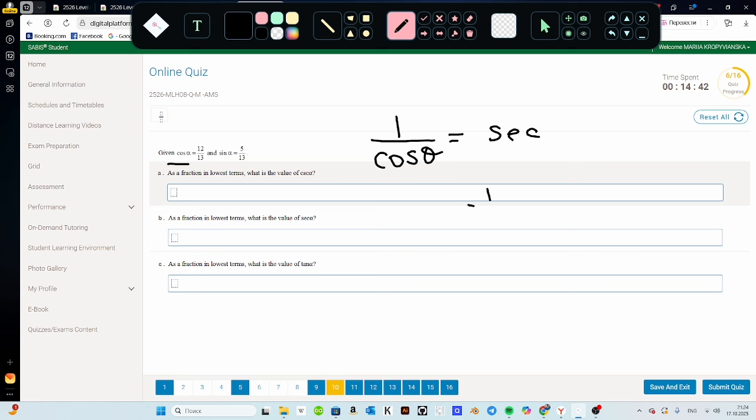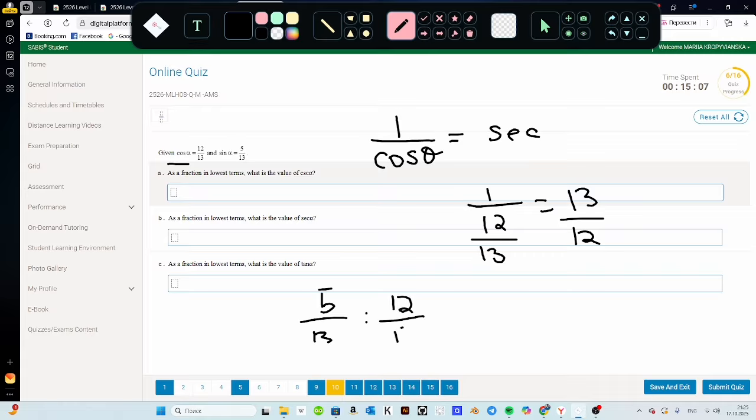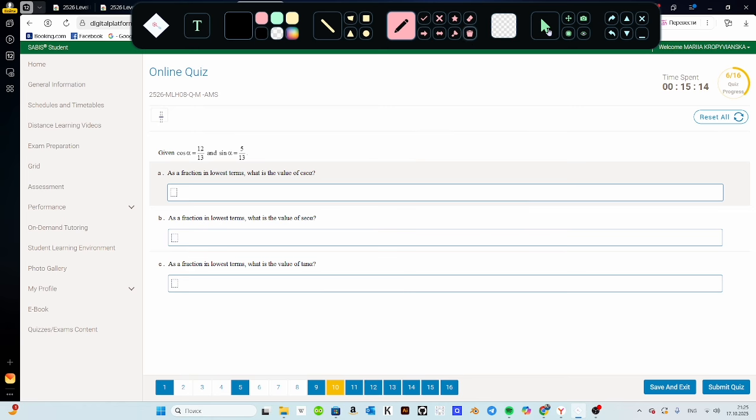So basically it's going to be 1 over 12 over 13, which gives us the answer 13 over 12. And then for the last one, what is tangent? Tangent is sine over cosine. So 5 over 13 divided by 12 over 13, keep change flip, we get 5 over 12. So that's how we solve questions like that.